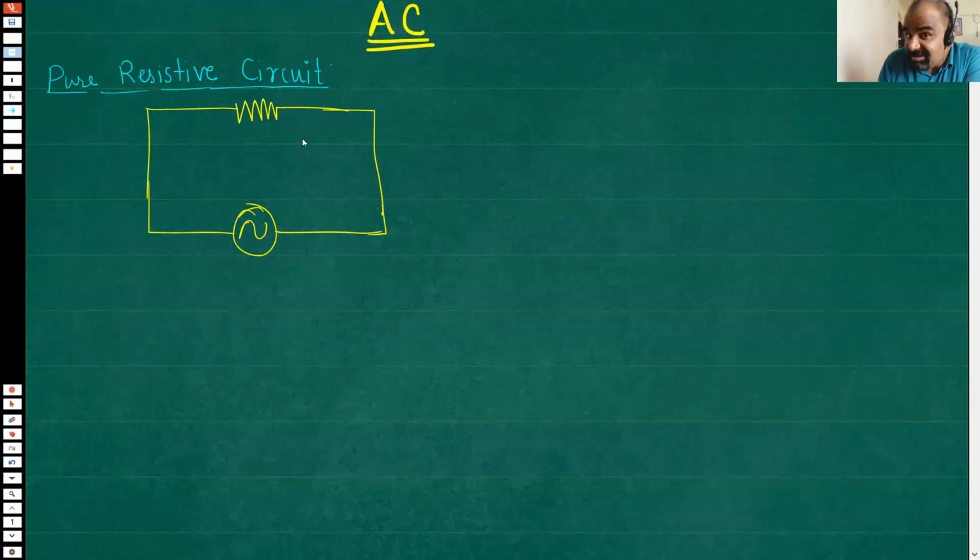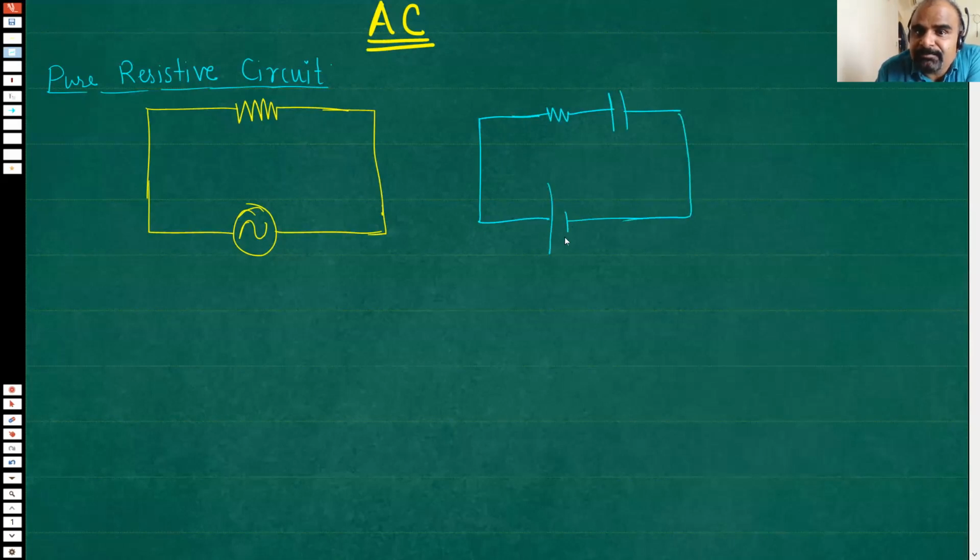Now don't say that, sir, we already know the RC circuit, we already know the LR circuit. Of course you know, but you know an RC circuit connected to a DC source. There is a very big difference. So there is this resistance and capacitance. This is the RC circuit. If you connect it with a DC source, meaning a battery, then this is called an RC circuit connected to a DC source.